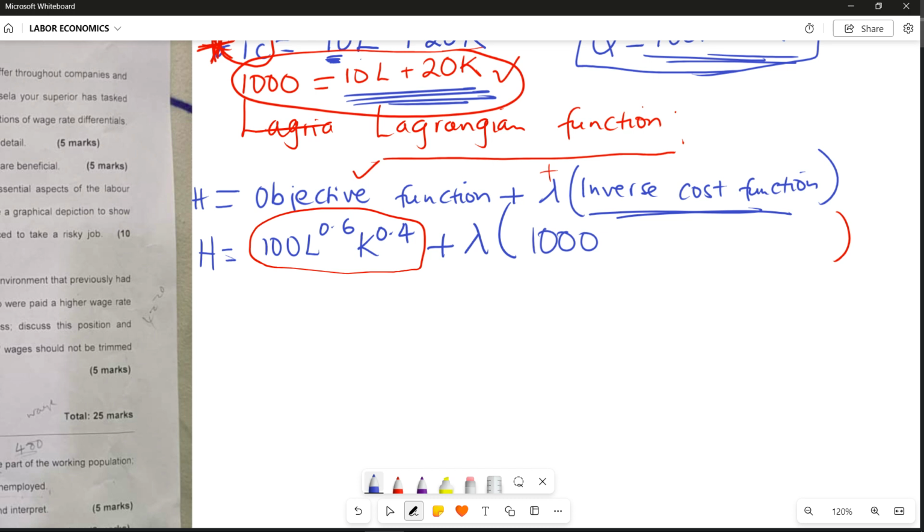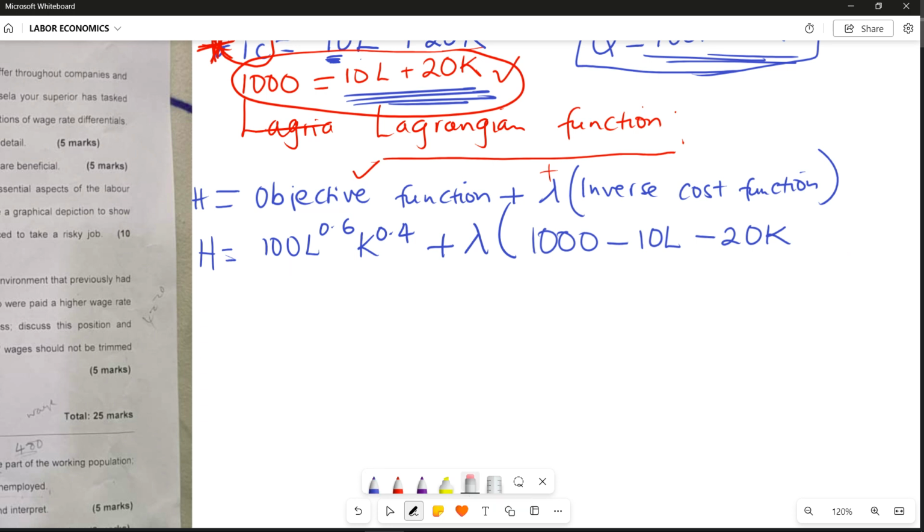So the 10L becomes minus 10L after crossing the equal sign, and the 20K becomes minus 20K. Okay, I hope that's okay.